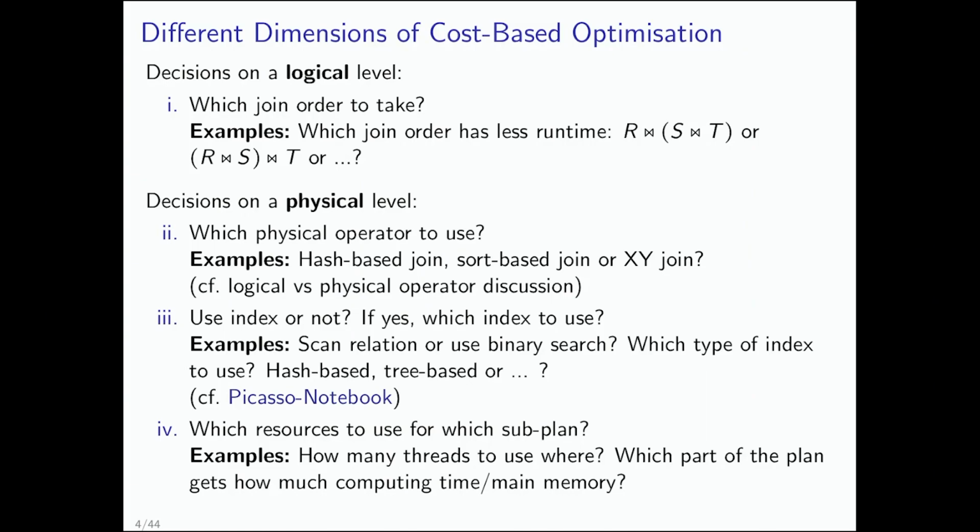And what are the different dimensions in here? There are a couple of them. Options for different plans can be created already for logical plans, and others can be created for physical plans. So on the logical level versus the physical level. On the logical level, already changing the join order.